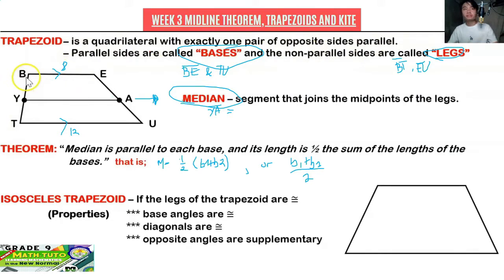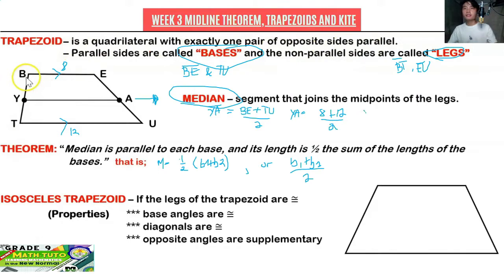So, B1, for example, B1 is BE, no? Plus, ano yung kaparallel niya? EU or B2 all over 2. Ngayon, meron pang value. Meron pang value yung B1 at B2 natin. Yes, we have 8 plus 12 and they divide sa 2.